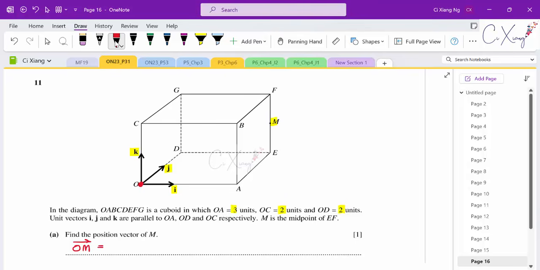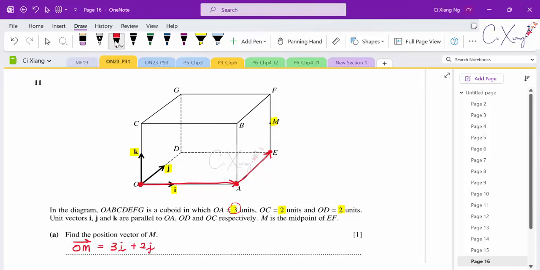To get the OM, maybe the very first pathway I want to go through is this one, O to A first. From O, go to A, it should be 3 units. They are telling you that OA equals 3 units, so you have 3i. Then from A, we are heading to E. From A to E, it's in the j direction, and AE equals OD. OD is 2 units, therefore you have 2j.